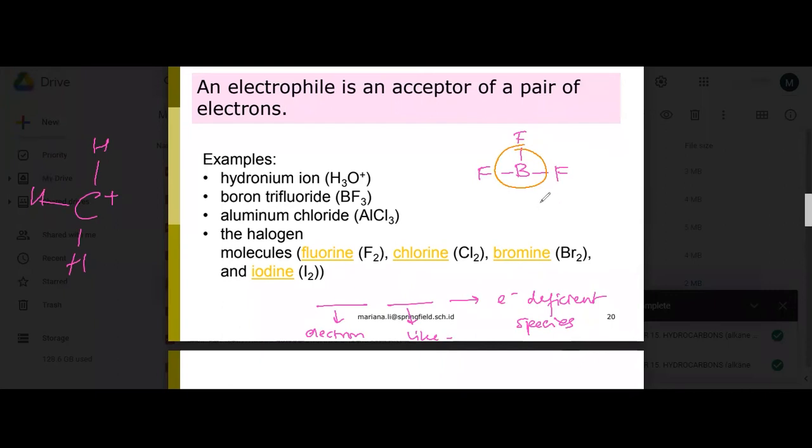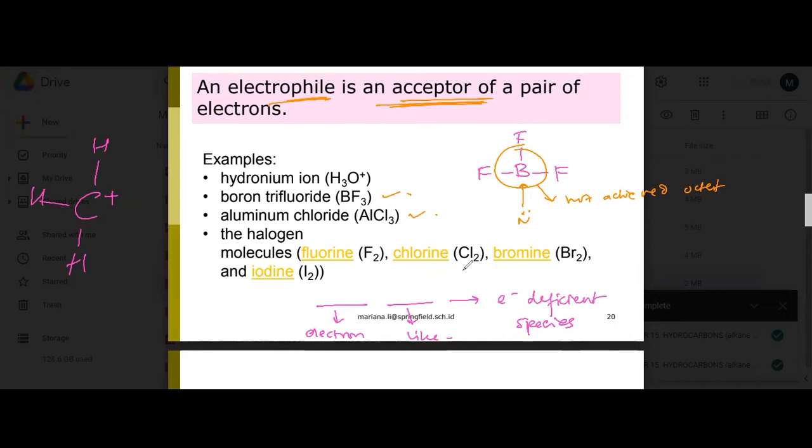A deficient species, not achieving octet. So if there is a lone pair, for example from N, that wants to donate its lone pair to boron, then it will accept it. So BF3 is an acceptor of a pair of electrons. It is an electrophile. Same like this, AlCl3, also group 3, an electron deficient species.